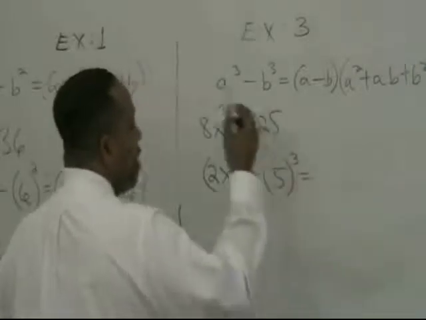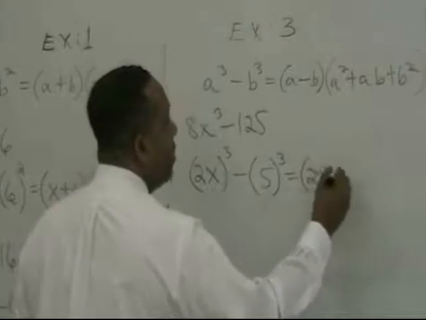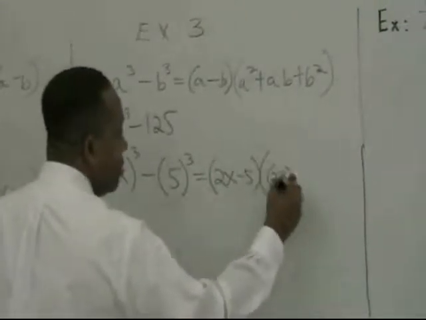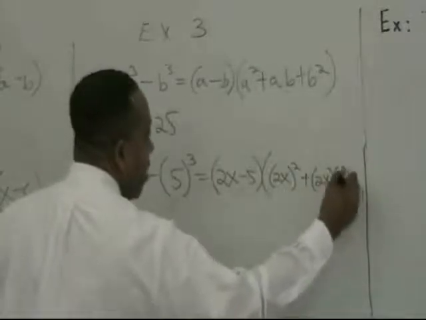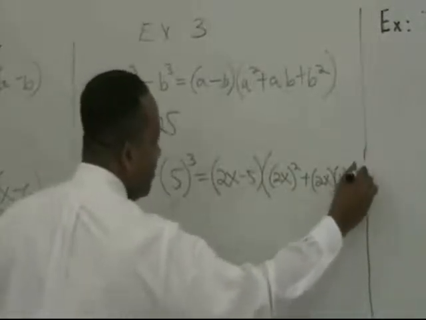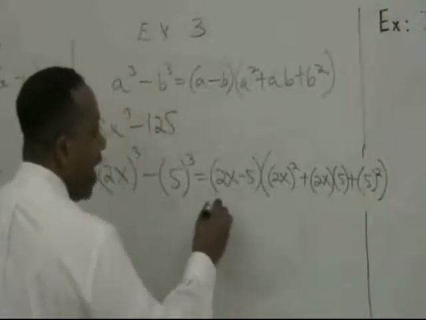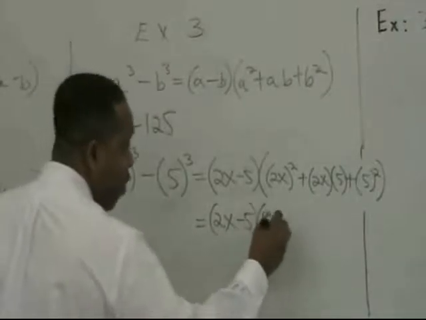And so as A and B are 2x and 5 respectively, we can plug into our formula A minus B, the A squared, plus A times B, plus B squared. Simplifying here, we have 2x minus 5 times 4x squared.